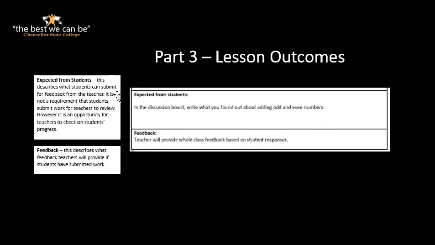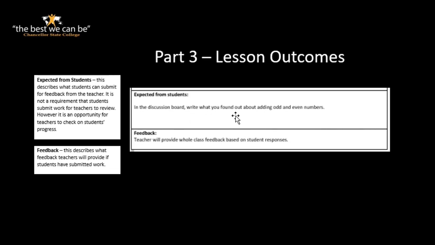The last part of the lesson structure is the lesson outcomes. This lists the expectations for students and also what is required from teachers in regards to feedback to students. When it's talking about expectations from students, this basically means work that they are going to submit, or what is expected to be written into books or recorded in a Word document, etc. In the feedback section, it will describe how teachers will provide feedback to the individual student or to the class.